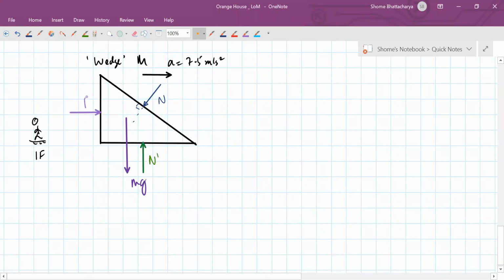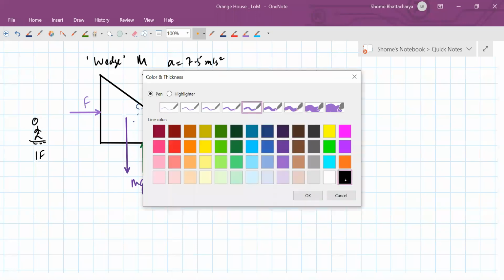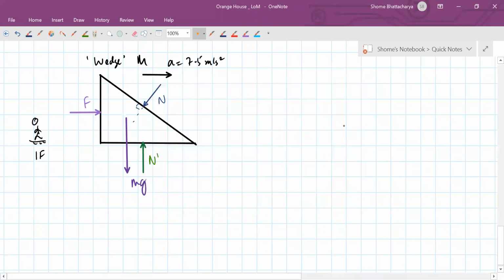So if we consider this, the free body diagram becomes a little more complicated, as you can see. Just making the pure FBD now, you see the forces are horizontal force of F, vertically downward force of Mg, vertically upward force of the ground's normal reaction, but also there is this normal reaction N acting along this direction.